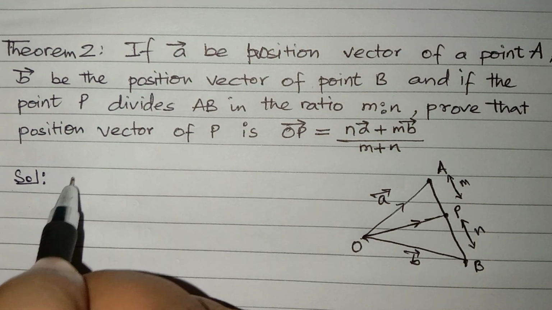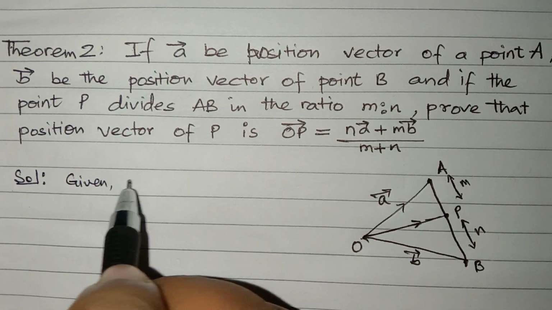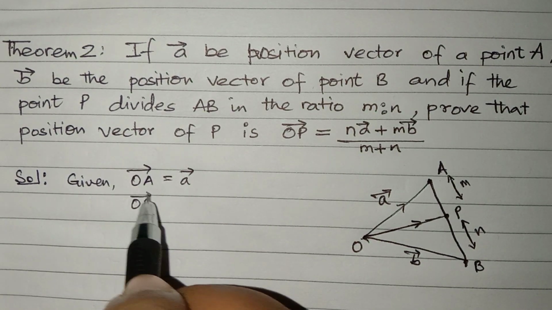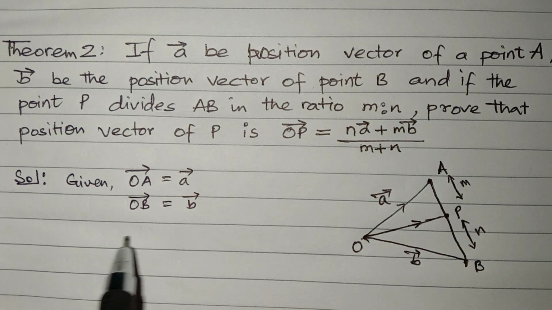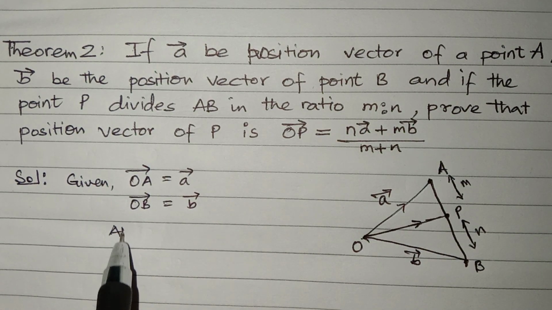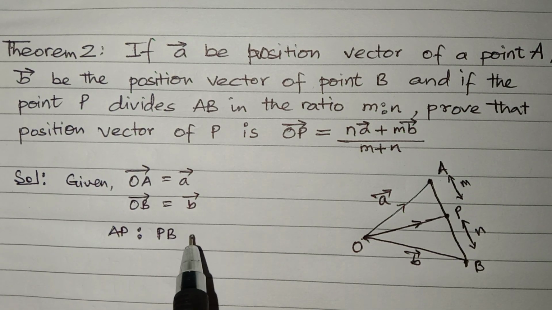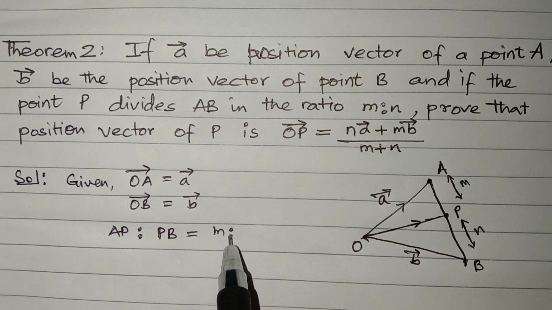Now let's see the solution. Given: vector OA is vector A, vector OB is vector B, and also given that AP is to PB equal to m is to n.